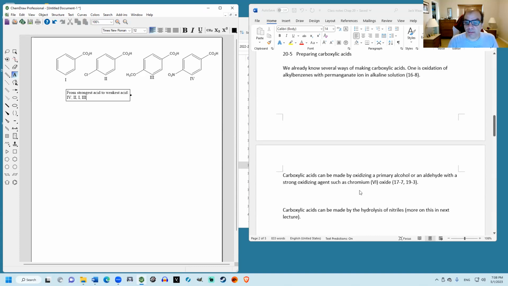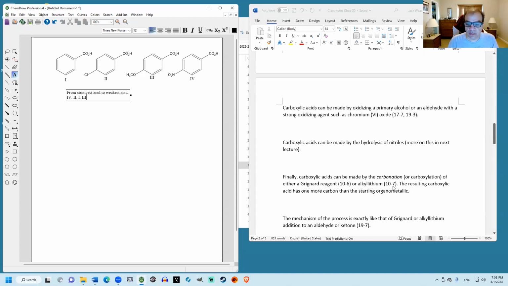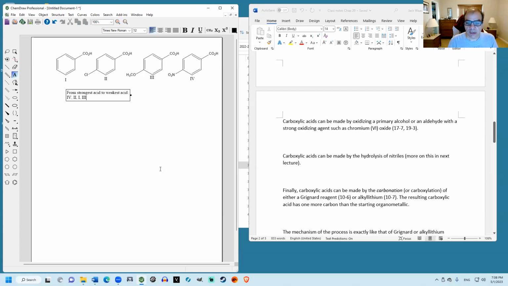And of course, you can make them by oxidation reactions. Those we talked about in chapters 17 and 19, mostly chapter 17. Then we talked about hydrolysis of nitriles. That's another way to make a carboxylic acid.